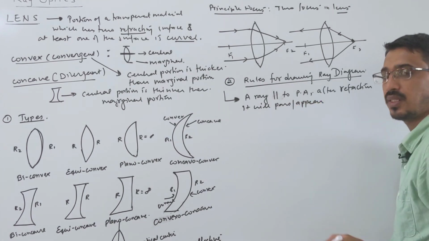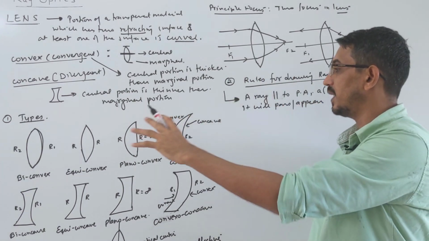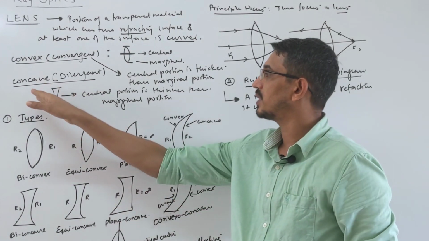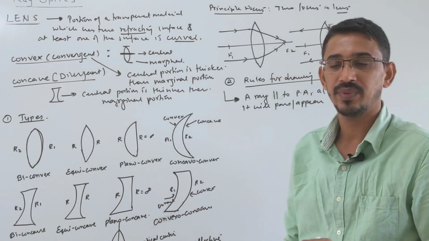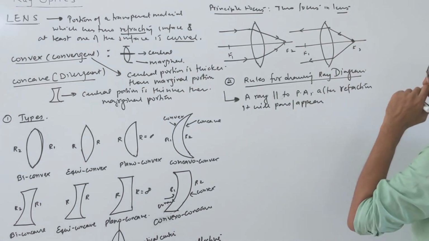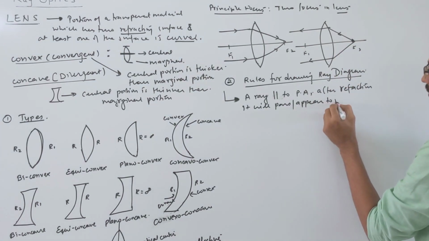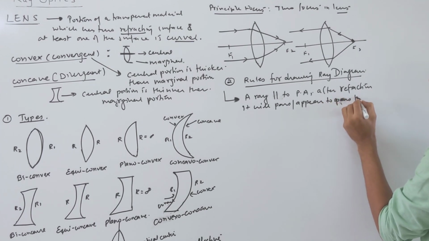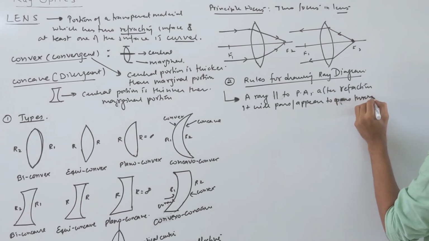Really they can pass, like in our convex lens, they will meet at the focus. In your concave lens, the divergent lens, they will appear to meet. Virtually they will meet, so they can pass or appear to pass through the focus.